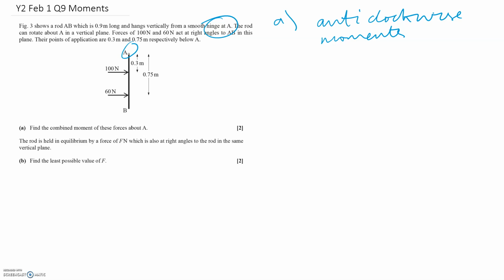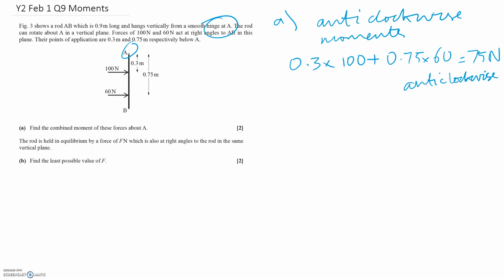If you look at these, all we need to do is multiply the forces by the distance from A. So it's just going to be 0.3 times by 100 plus 0.75 times by 60, and that's just 30 plus 45, so that would be 75 newtons anti-clockwise. So that was fairly straightforward.